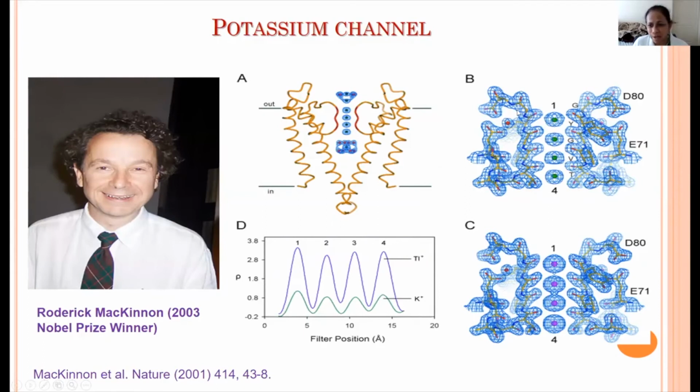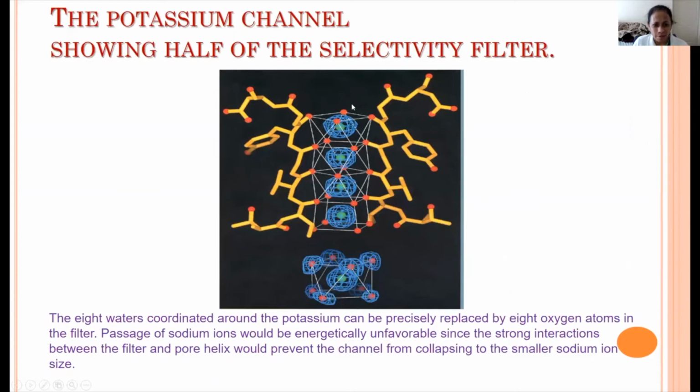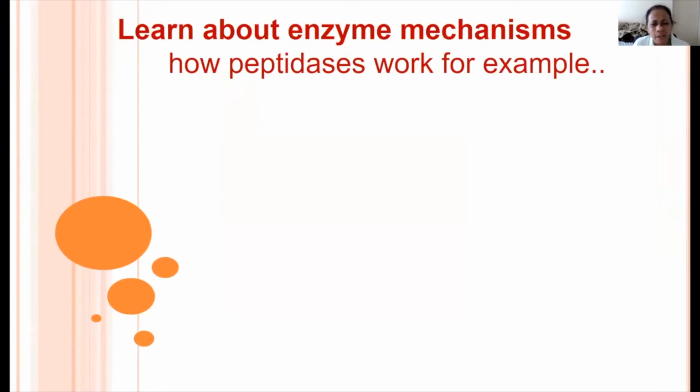Without the three-dimensional atomic resolution and atomic positions of every single atom, we would not know exactly how these channels work and how they sit in a membrane. This is the potassium channel, and he figured out exactly what every single atom does. I run an entire course on all of this, so I'm just giving you a glimpse, a little flavor, of what structural biology can help with.